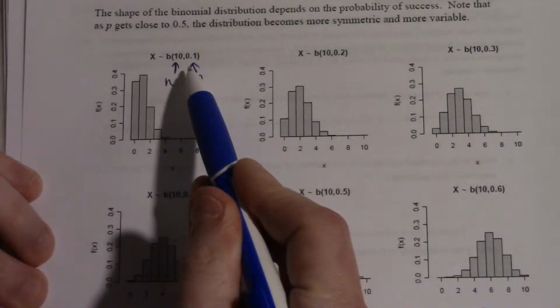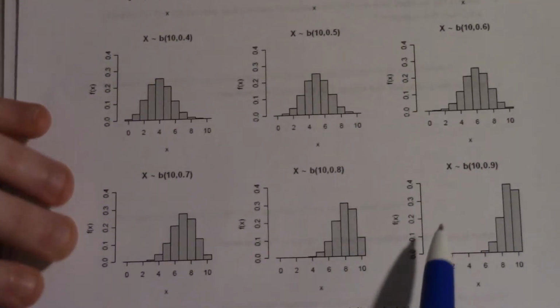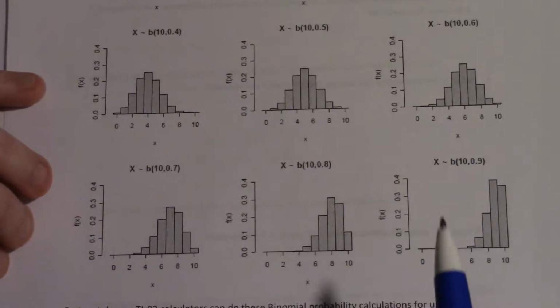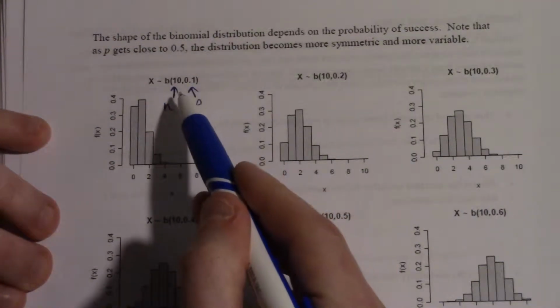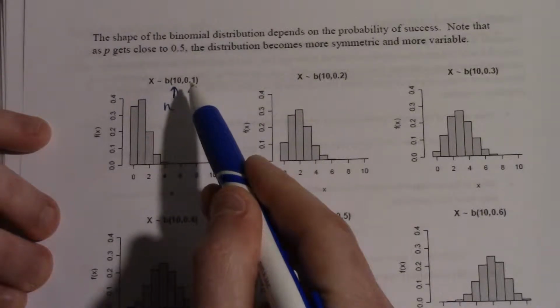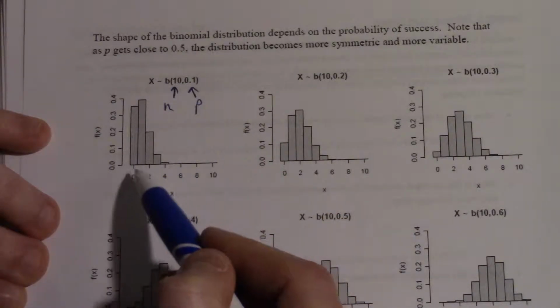So here the probability of seeing a success is 10%. Down in the bottom right, there's a 90% chance to see a success on any given trial. And in total, we're doing 10 trials. So if you do something 10 times, and there's only a 10% chance to be successful, how many successes will you see? Well, probably not very many.